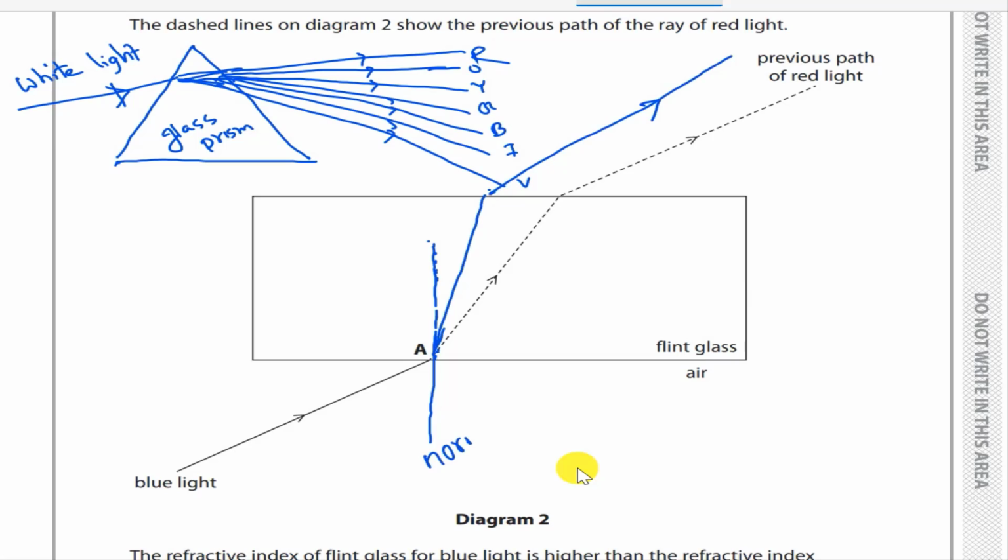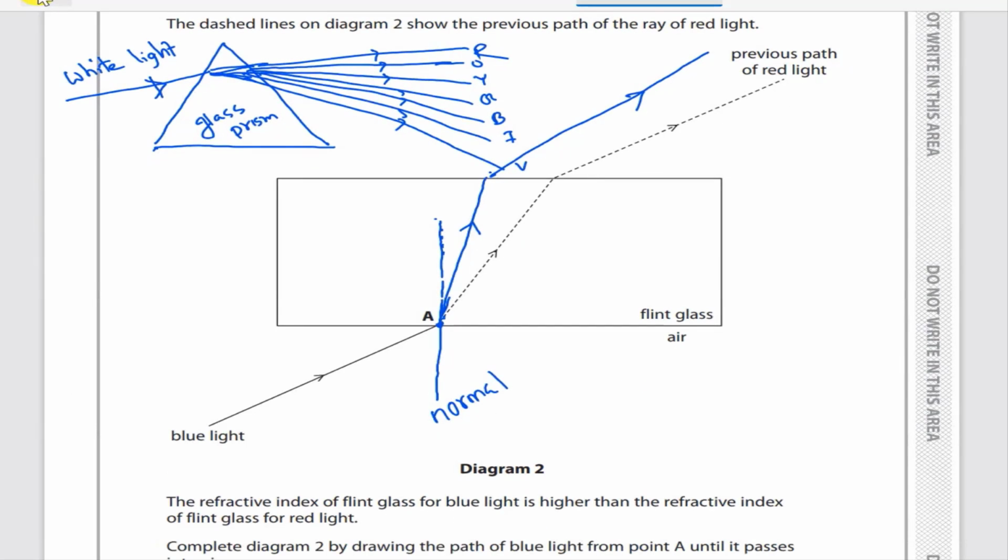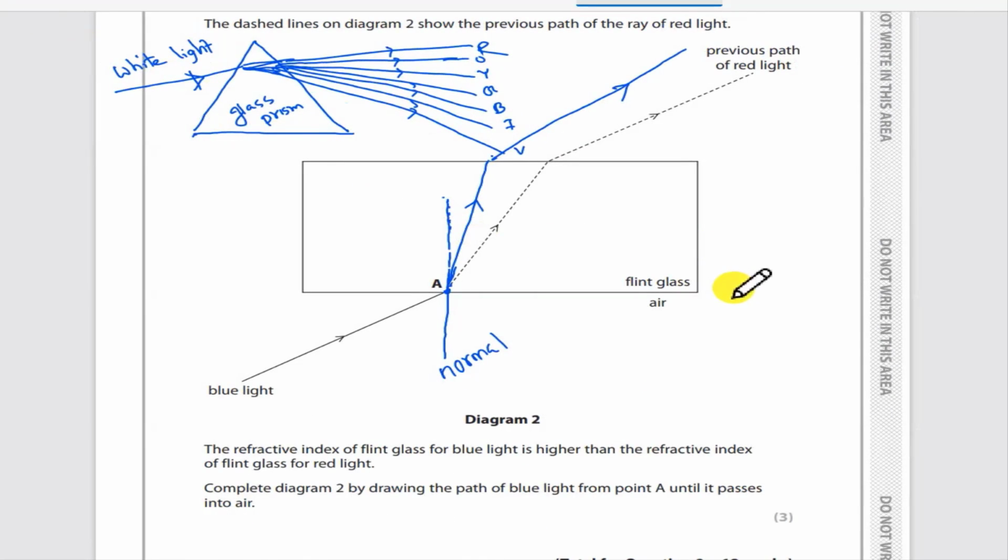It is the normal. So if blue light is incident on point A, then it bends towards the normal more. That means it refracts more. The refractive index of glass for blue light is higher than the refractive index of flint glass for red light.